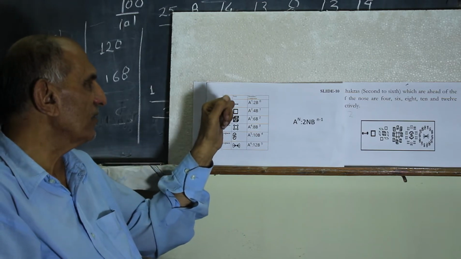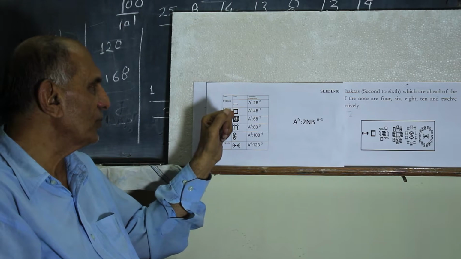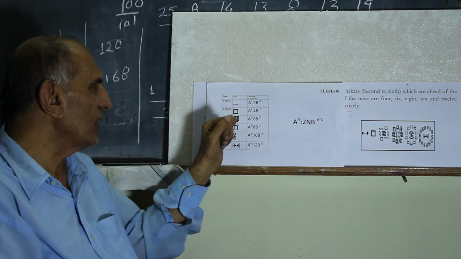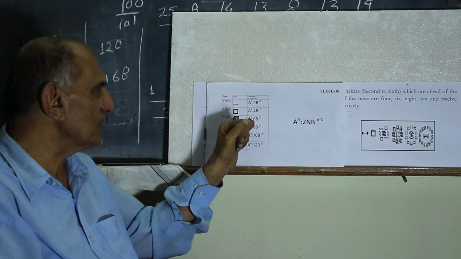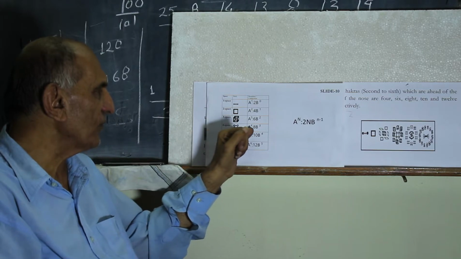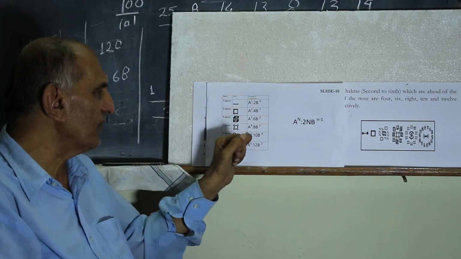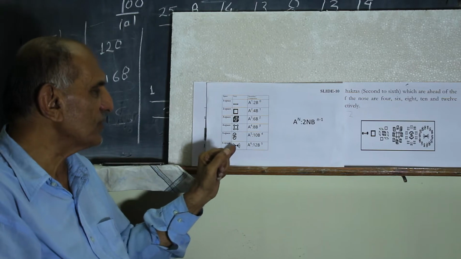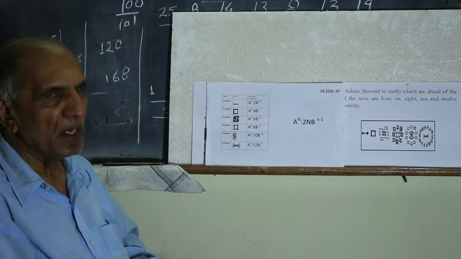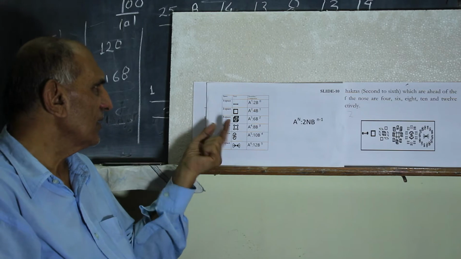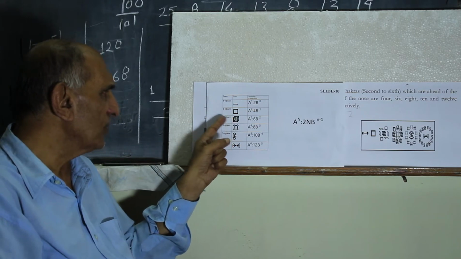Hypercube 1 is a one space body, hypercube 2 is a two space body, hypercube 3 is a three space body, hypercube 4 is a four space body, hypercube 5 is a five space body, hypercube 6 is a six space body.